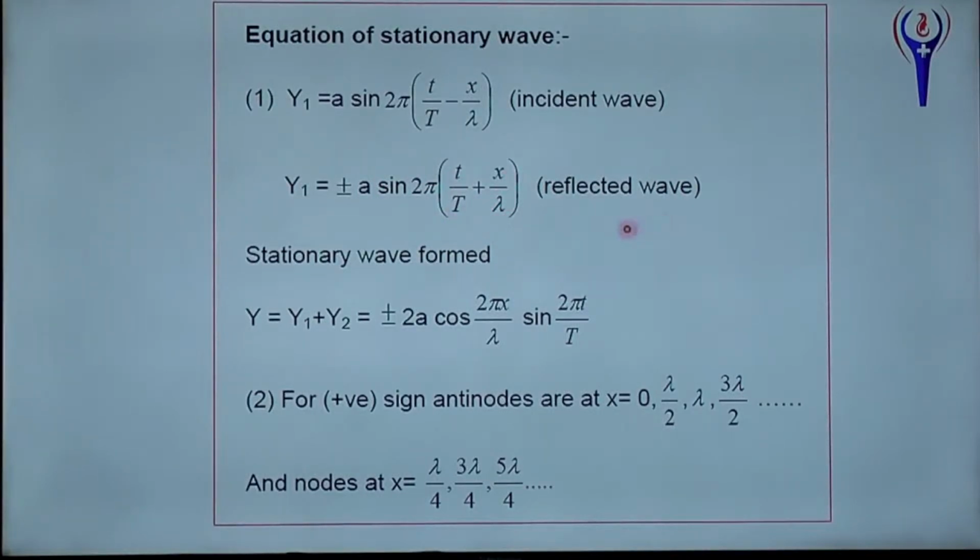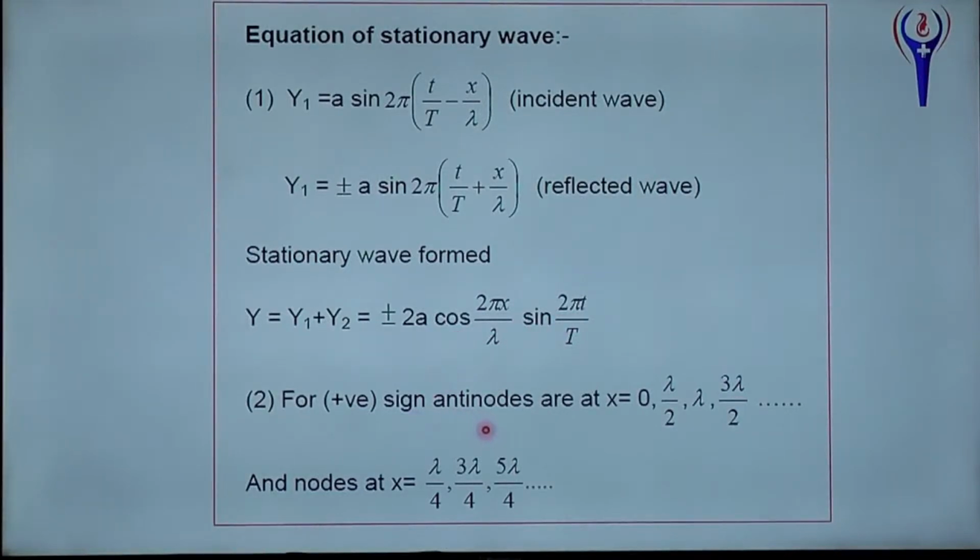This is for the reflected wave. And for the stationary wave, y equal to y1 plus y2, that is equal to plus or minus 2a cos(2 pi x by lambda) into sin(2 pi t by T). Here lambda is the wavelength, T is the time period, x is the position, small t is the time, a is the amplitude.